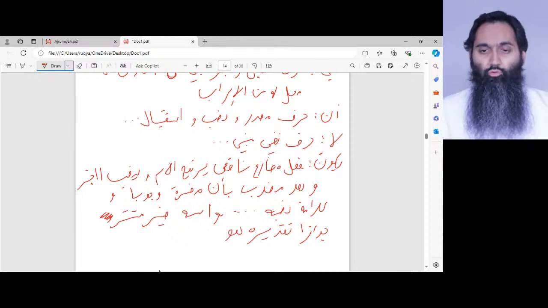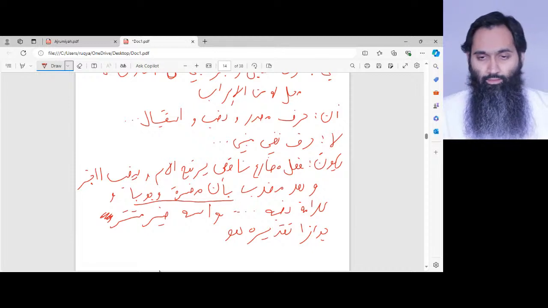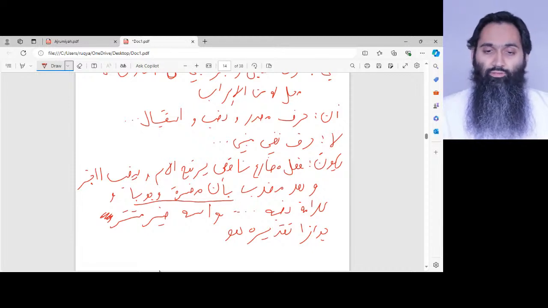Now you can see yakuna. So this time the only thing that's changed, what is it that makes it mansub? Mansub bi an mudmaratan wujuban. Is it mansub bi K? No. Mansubun bi an mudmaratan wujuban wa alamatu nasbihi al-fatha ila akhirih. Wasmuhu damir mustatir jawazan taqdiru huwa.